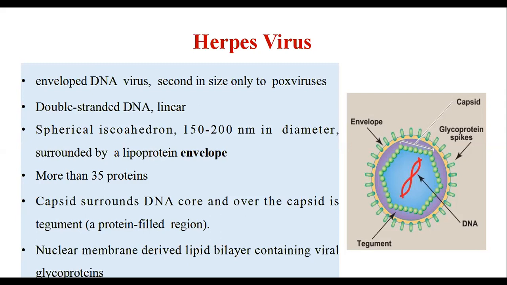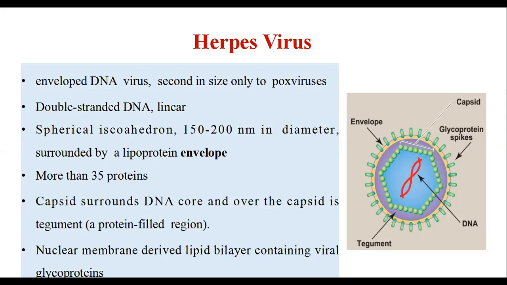Below this envelope layer, you can see this purple color layer. This purple layer, which surrounds the capsid and the DNA core, is known as tegument. So it's a protein-containing region.